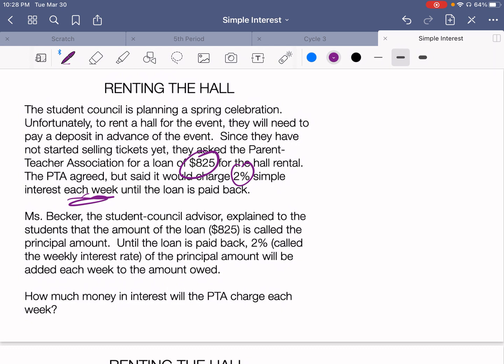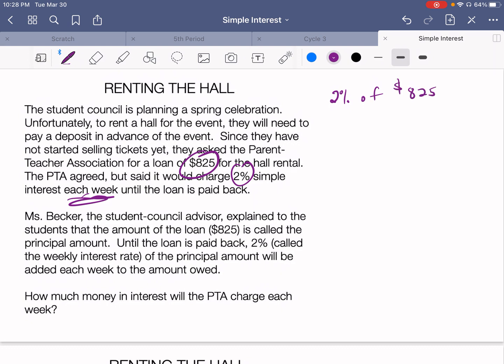Ms. Becker explained to the students that the amount of the loan is called the principal amount, and until the loan is paid back, 2%, called the weekly interest rate, of the principal amount will be added each week to the amount owed. How much money in interest will the PTA charge each week? So essentially, we just want to find 2% of 825.